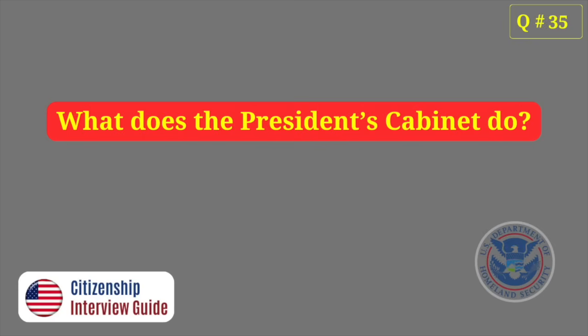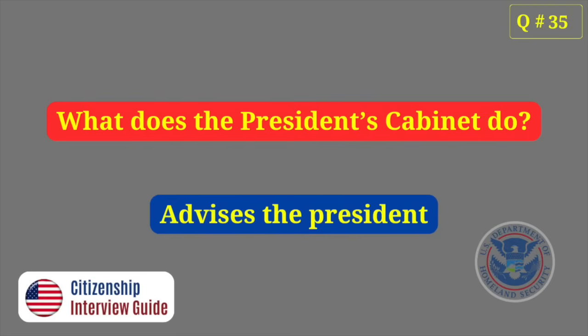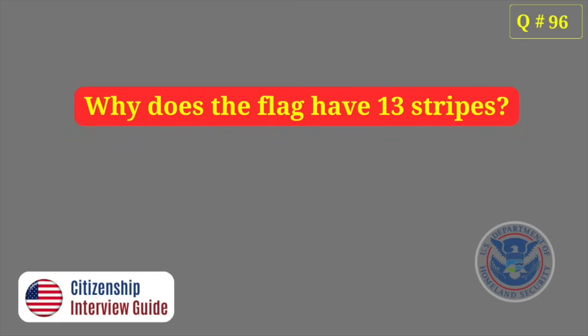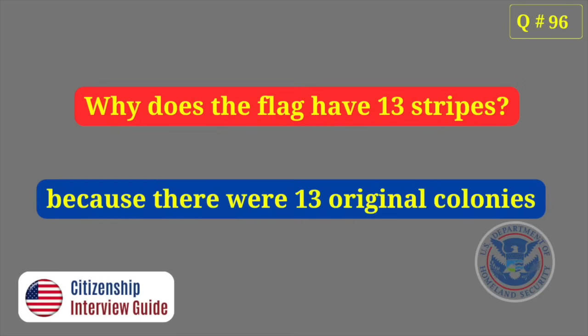What does the president's cabinet do? Advises the president. Why does the flag have 13 stripes? Because there were 13 original colonies.